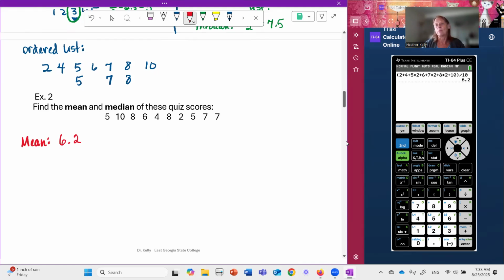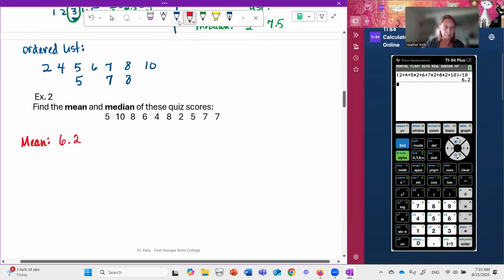Below 5, we round down, and that's how we deal with that. Now, when we start talking about the median, we can see that we have 10 scores. Yeah, 10 data points. So 10 divided by 2 gives us fifth.